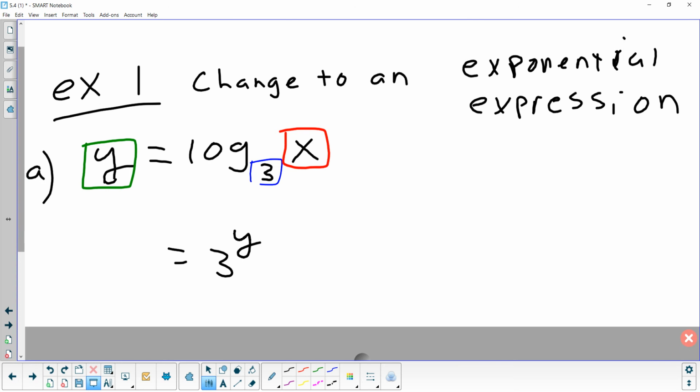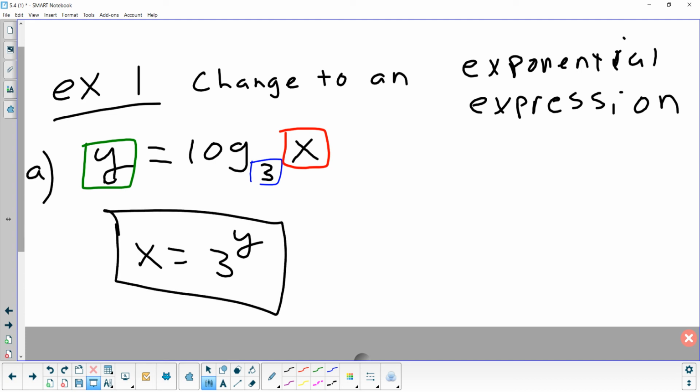So the y becomes my exponent. And what's going to end up all by itself? X, because that's the argument, and it annoyed everybody, so it ends up alone. Now, there's nothing you can solve in that problem because you don't know y. If you knew what y was, then you could do it out. But that's all they're asking you to do. So that's changing from log form to exponential.